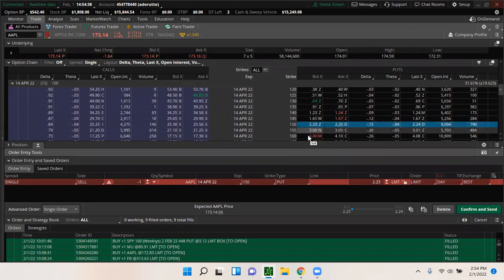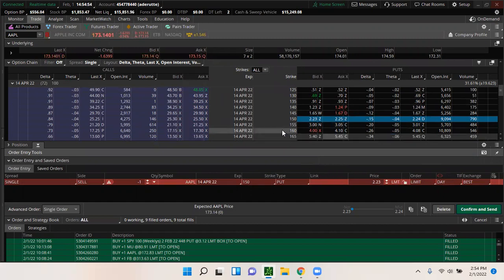The chances that it's going to get here are really low, but Apple, because of its volume and its name, is really easy to roll over. If you do this monthly, you're generating easy income, easy 200, 500, depending on how many you have. But if you have at least $15,000, in the worst case scenario, you're able to buy 100 shares of Apple. I would say this is a really safe play to generate monthly income.